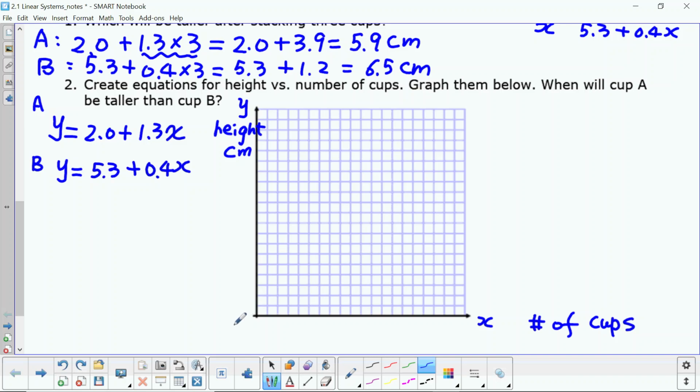And we want to see it's 5.3, this is 2.0, and we want to change the scales a little bit because we want to see only from 2.0 go up to 5.3.